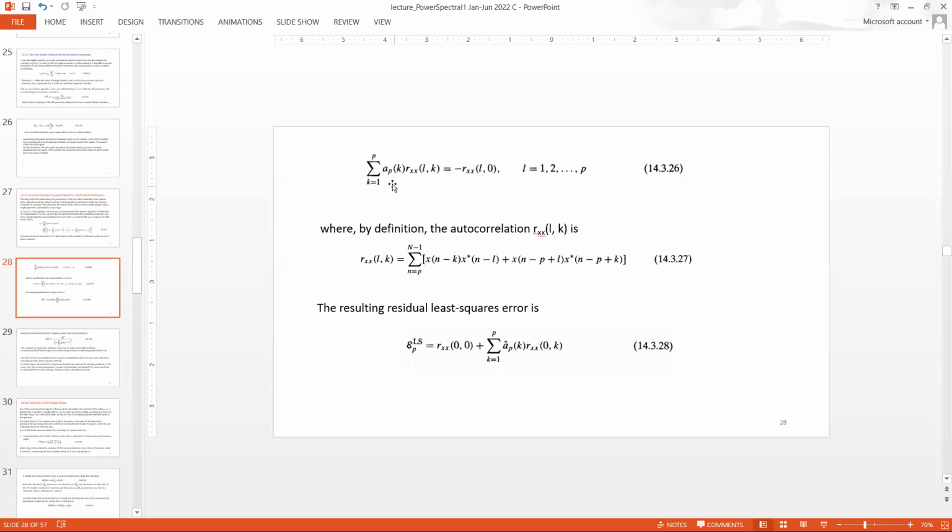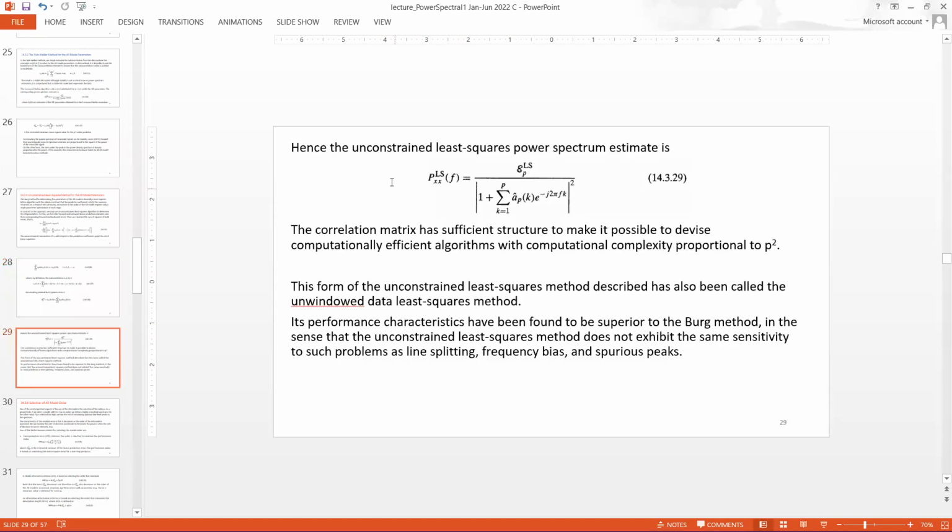So if we get a linear equation, and from where the autocorrelation rxx l k is defined in this way, and the resulting residual least square error can be expressed in this way. Then the unconstrained least square power spectrum takes the form Exx LS f in terms of frequency. Then we get this equation.